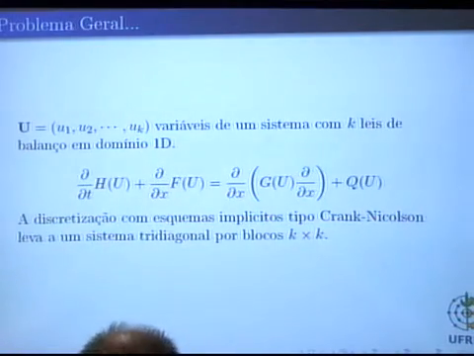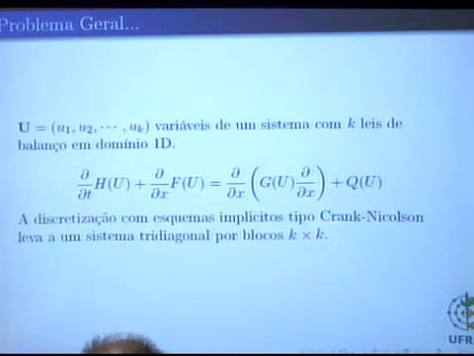And one problem is the balance laws with stiff terms. The general problem is a balance law. Balance laws can have k variables, and therefore we have k balance laws in a 1D domain.